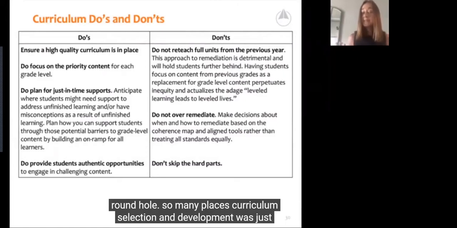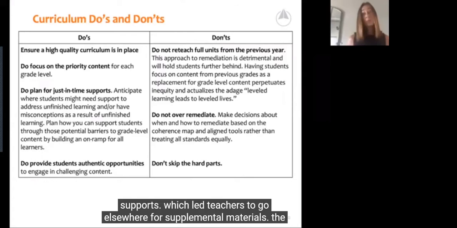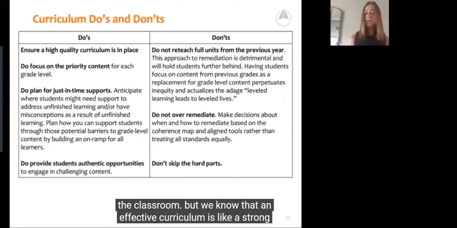So in many places, curriculum selection and development was just essentially distributed to teachers without strong training and coaching supports, which led teachers to go elsewhere for supplemental materials. See, Teachers Pay Teachers, Pinterest, Google, different resources being pulled into the classroom.